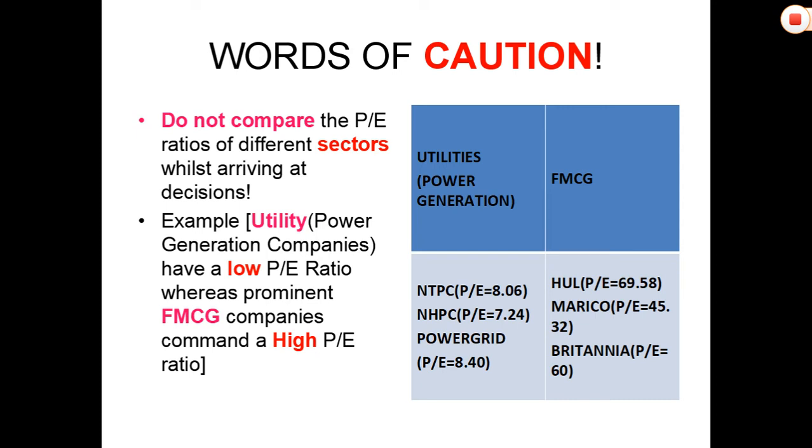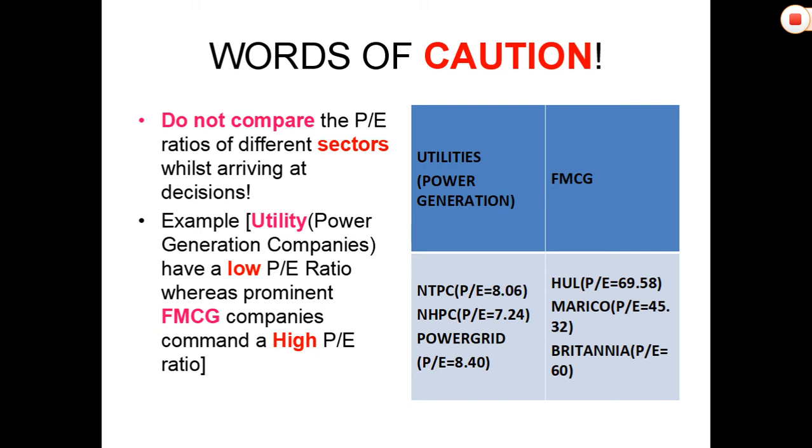A few words of caution before using PE as an analytical tool to judge stocks: do not compare sectors using the PE ratio. This can be explained with an example: utility companies, for example the power generating companies, have a low PE ratio. Another example would be the oil marketing companies versus the FMCG companies that usually command a high PE ratio.